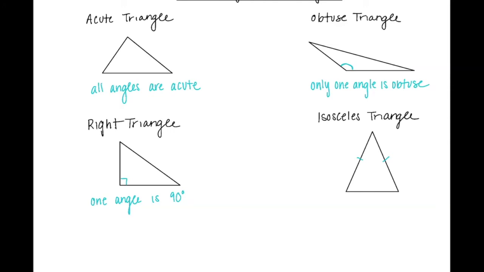Those little tick marks indicate which sides are equal. So in isosceles, two sides are equal, but also the angles across from them are equal. So these two angles would be equal.